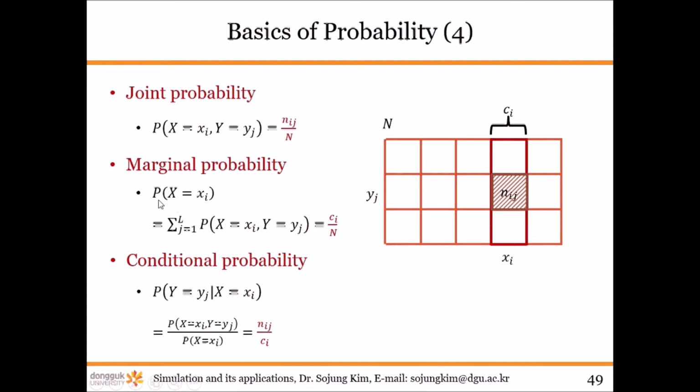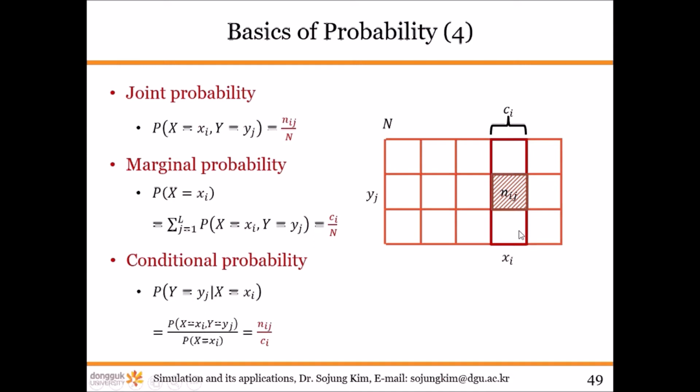For example, when you want to calculate the marginal probability when x equals xi, you need to add all the probabilities related to xi, right? However, yj can have 3 different values, right?